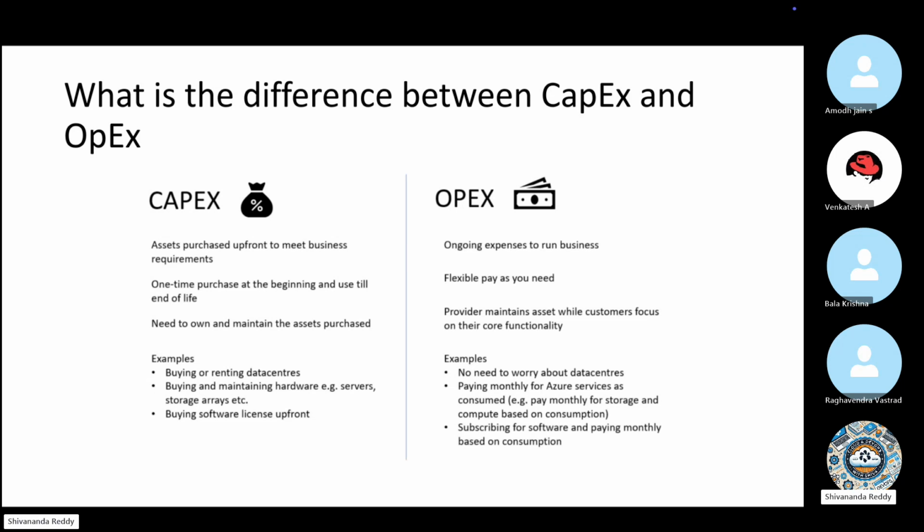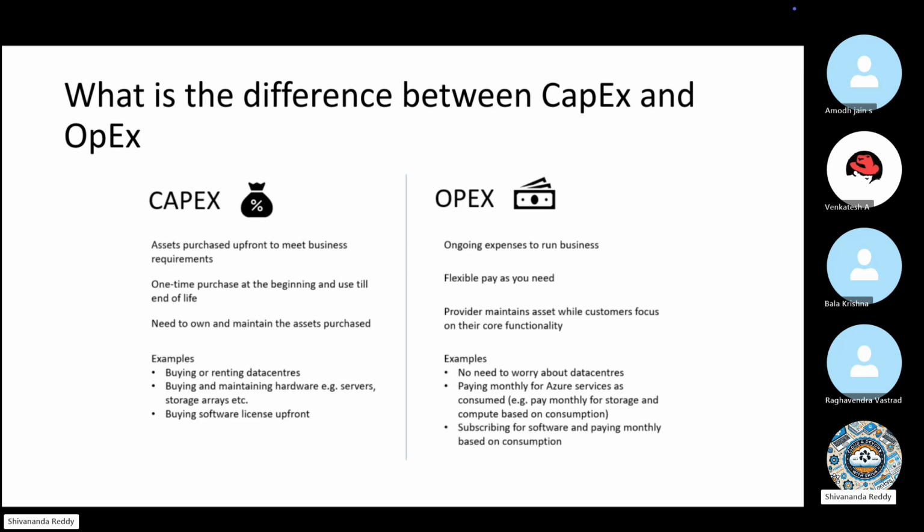For example, Furlenco, a furniture brand, gives rental-based furniture. You pay rent, and once you don't want it, you can return it. Even geysers and many equipments in the world are provided as OPEX, operational expenditure, nothing but on a rental basis. Correct.